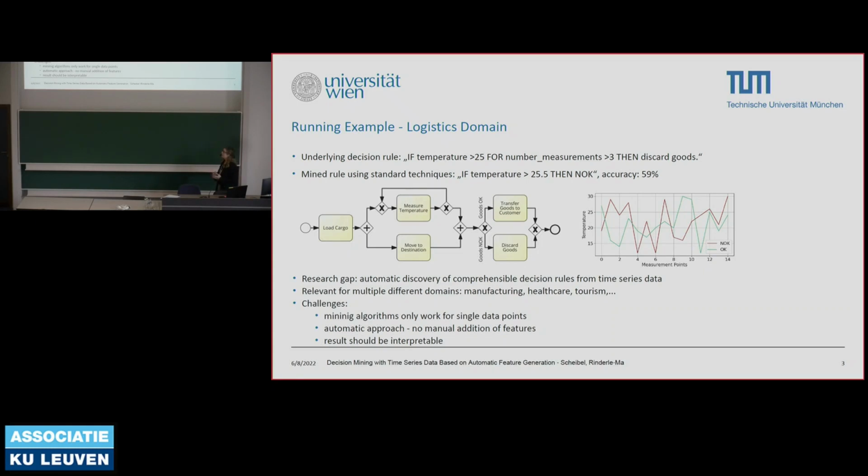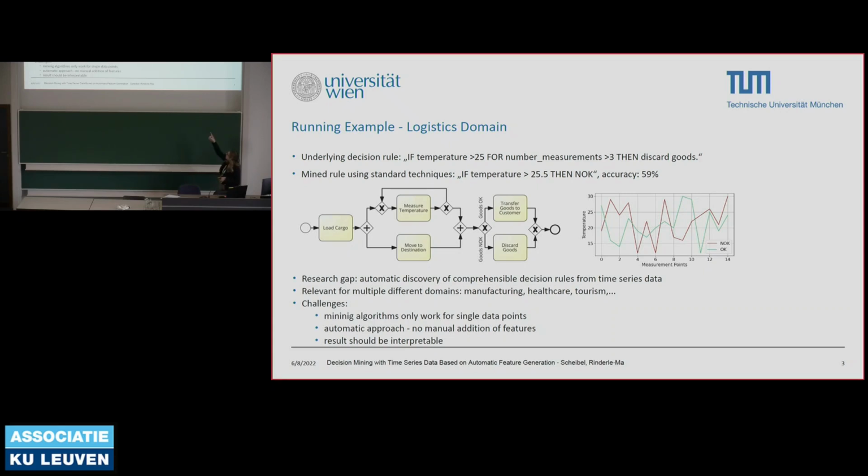And we quickly notice we cannot just take one temperature measurement by its own, because we want to have a look at the whole measurement of temperature to see was the temperature above a certain degree for a longer period of time, so that we are certain the goods are spoiled and we cannot transfer them anymore.